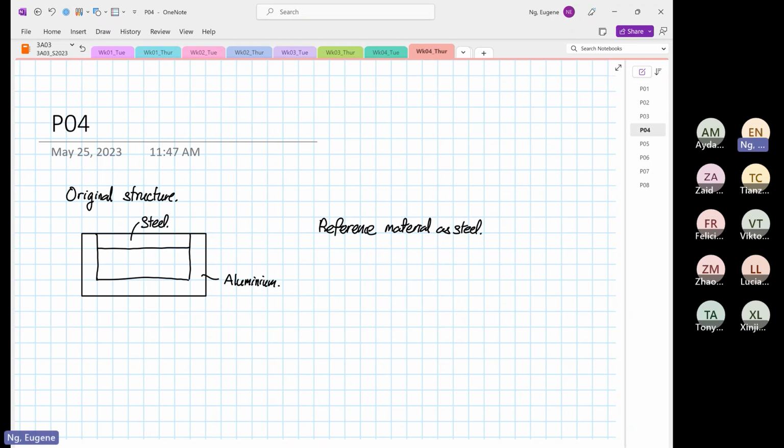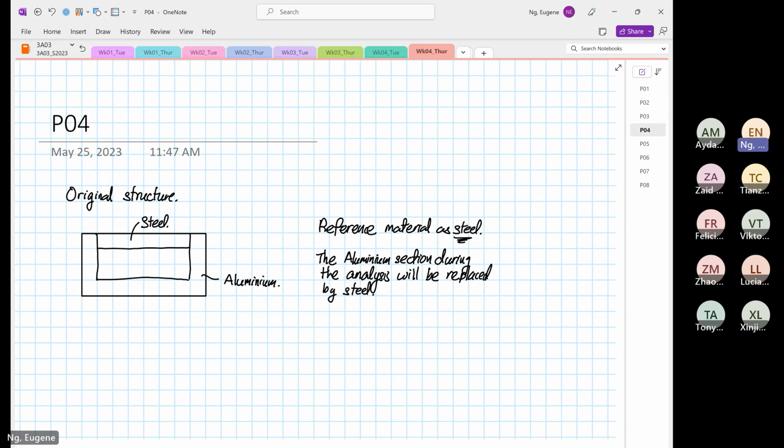what it means is, when we choose steel as the reference material, the aluminum section during the analysis will be replaced by steel.